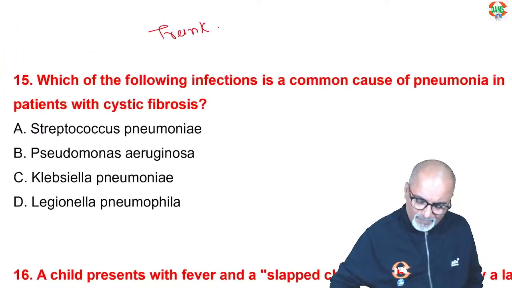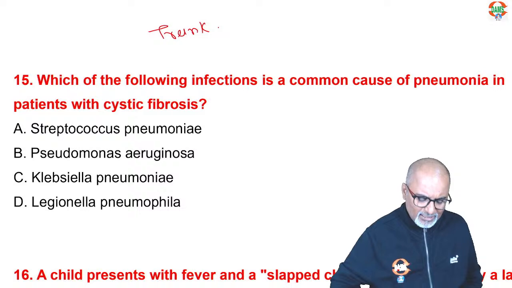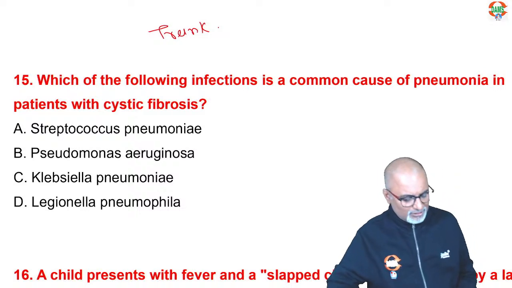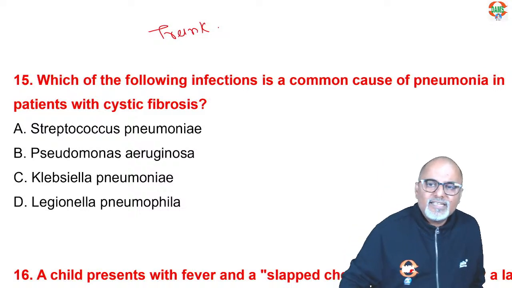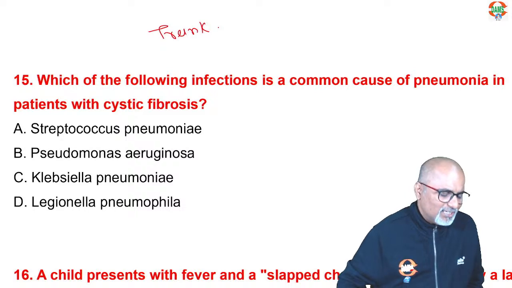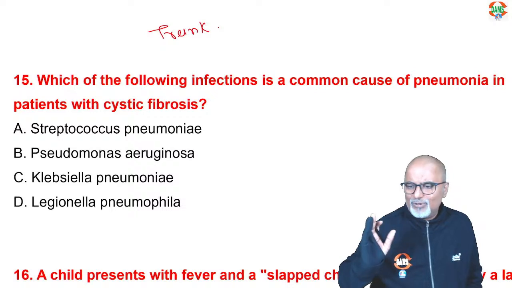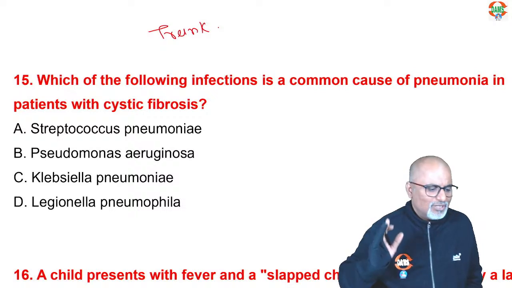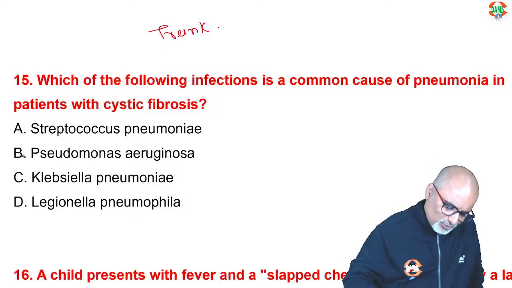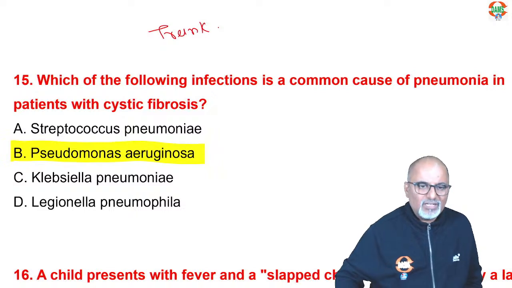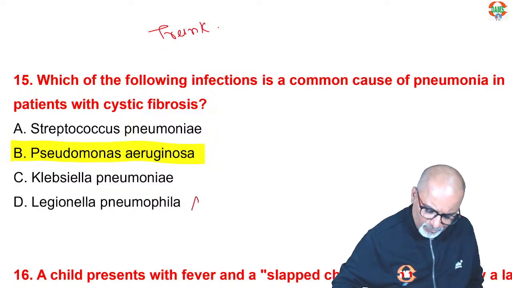Which of the following infections is a common cause of pneumonia in patients with cystic fibrosis? Always remember, in cystic fibrosis the common culprit is Pseudomonas aeruginosa. Legionella causes atypical pneumonia.